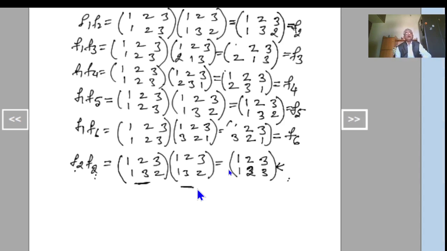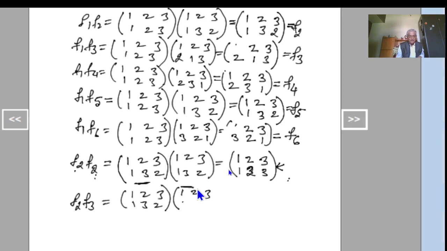Afterwards I will come to the inverse elements. Next, F2, F3. F2 is 1, 2, 3 / 1, 3, 2, and F3 is 1, 2, 3 / 2, 1, 3.